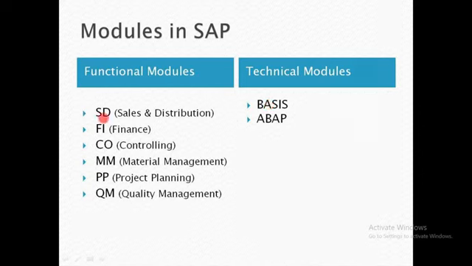Not only SD, all modules, FI, CO, MM, PP, QM, come under functional modules, while technical modules are Basis and ABAP. ABAPers require coding knowledge because they do coding, but functional consultants have no coding prerequisite.